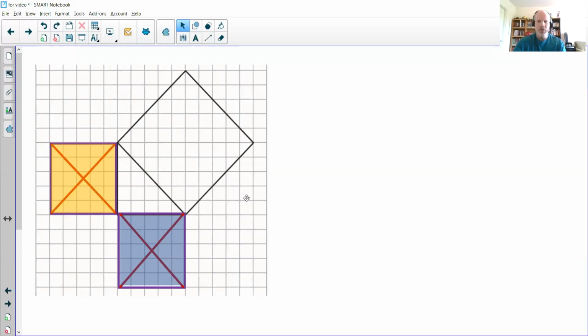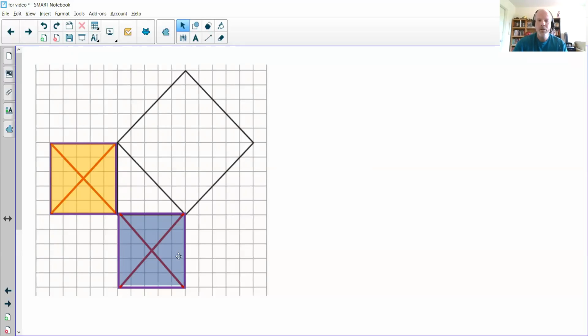Then what we can do, and you can imagine this, is draw these red lines here, these diagonals. If we were to cut along these red lines on both the orange and the blue squares, we would end up with 8 little triangles.